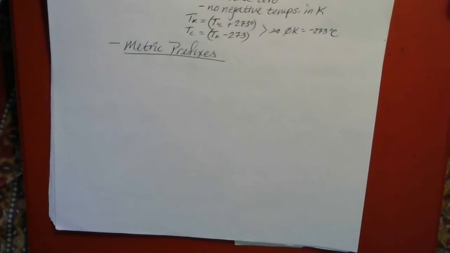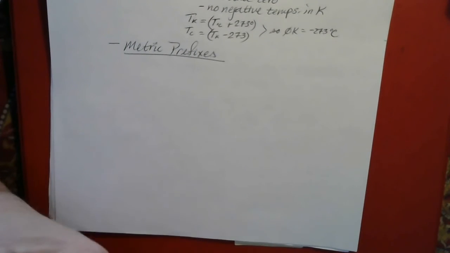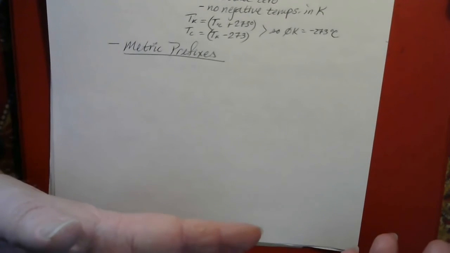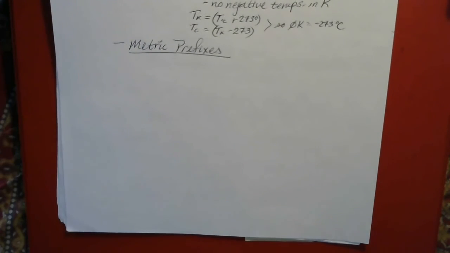In the metric system, one other thing that's nice is that everything is based on factors of 10, and you can change the magnitude of a unit by adding or changing a prefix in front of the unit, as opposed to English, where there's an entirely different word. If you're measuring something in inches, but it's a large object and you want to use a larger unit, you have to switch to feet. That's a different unit. It's related by a factor of 12, not 10, so you can't just move the decimal point. And it's a totally different word also.